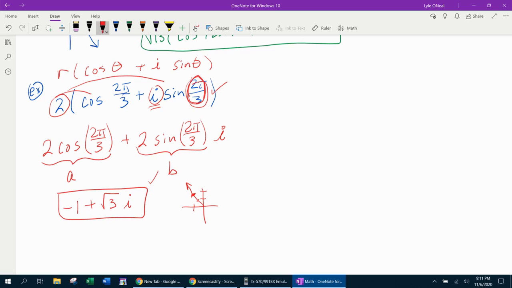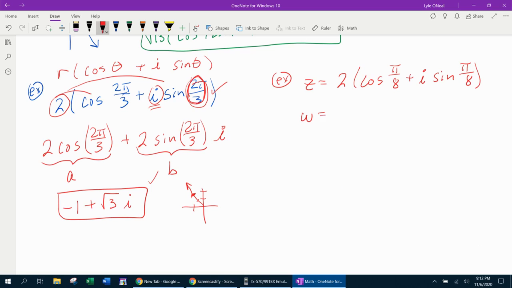Okay, let's try another example. And this time we're going to say z equals, z usually means a complex number, 2 cosine of pi over 8 plus I sine pi over 8. Now that's a complex number in polar form.